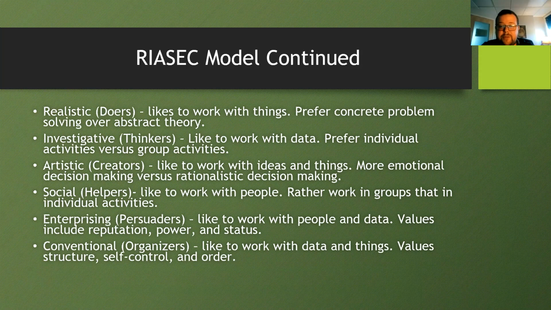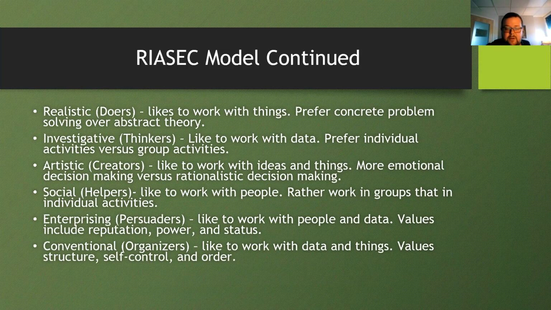They like to work with things, and they prefer concrete problem solving over abstract theory. They like to do something hands-on and see their product finished. A doer could be a carpenter, where you like to work with things and problem solve or fix something. So engineering, carpentry, construction, etc.